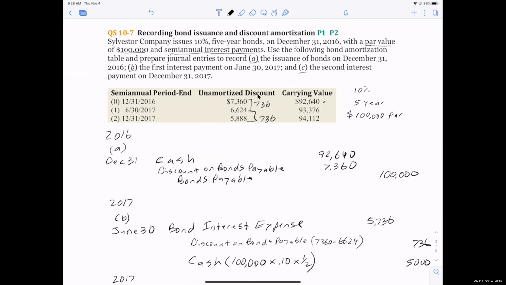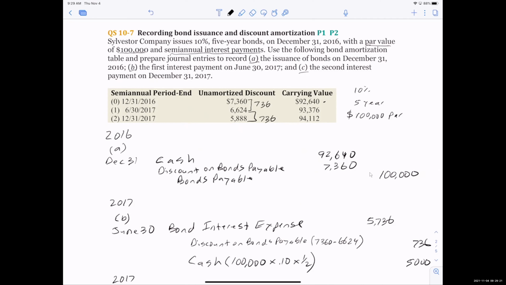And then here's the unamortized discount, $7,360. So you're going to debit discount on bonds payable, $7,360. Okay, and we know it's a $100,000 bond, right? So we're going to credit bonds payable of 100,000. Again, it's bonds payable because they say it's 100,000.